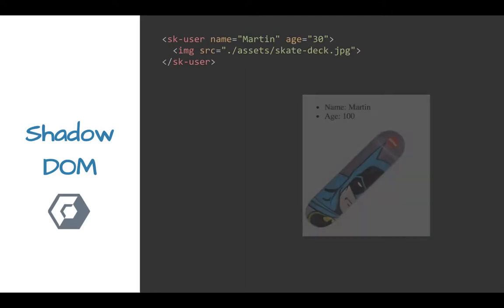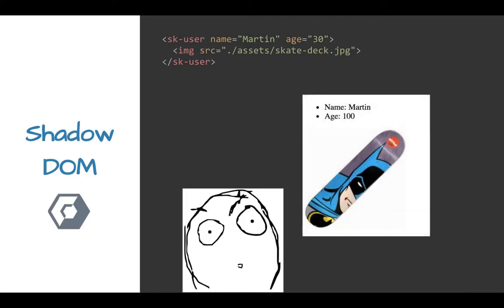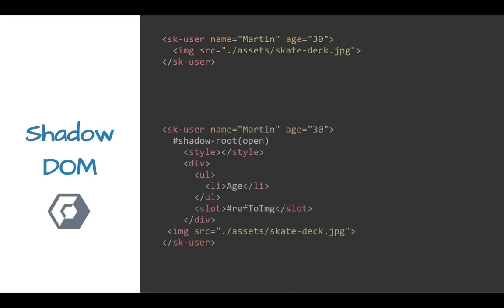Shadow DOM. Shadow DOM is the most important feature of the whole specification, in my opinion. Let's take a look. So again, this is our SK user. It renders this. Ooh, so how is that possible? Okay. So what the browser renders is this output.